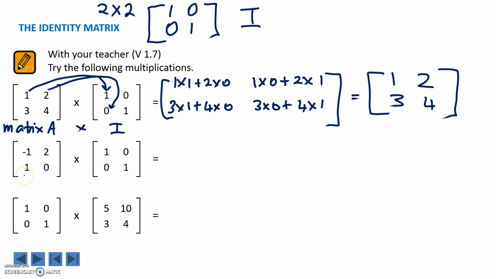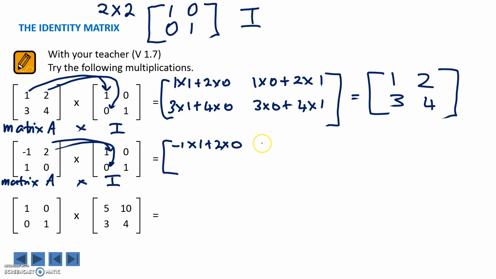Let's have a look at the second example. Minus 1, 2, 1, 0 times another identity matrix. And we'll do the same thing: first row by the first column, and then the first row by the second column, and then the second row by the first column, and then the second row by the second column.